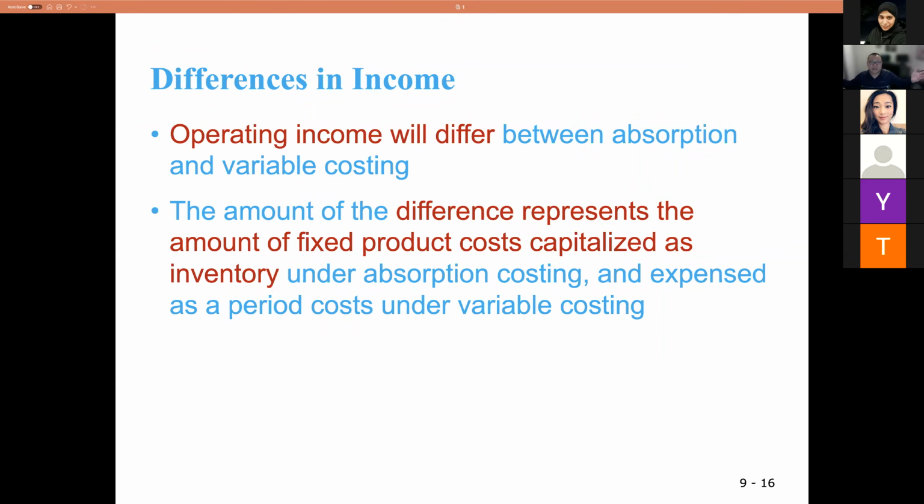When you use different costing, your resulting operating income will be different. The amount of the difference between the operating income under the two approaches is really locked into the inventory. So the inventory cost change really reflects that difference. If I just read this sentence to you, you won't understand, but I'm going to give you one example, and then it will be very clear.